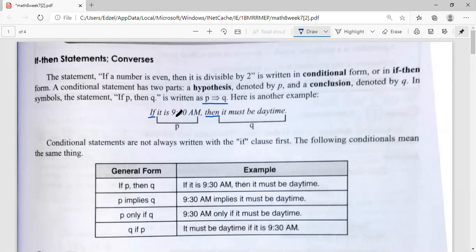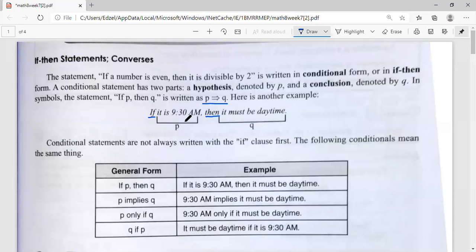If it is 9:30 a.m., then it must be daytime. Then is followed by the conclusion, which we denote as Q. If it is 9:30 a.m., then, don't forget the comma, it must be daytime.